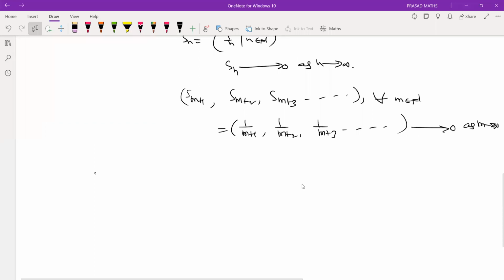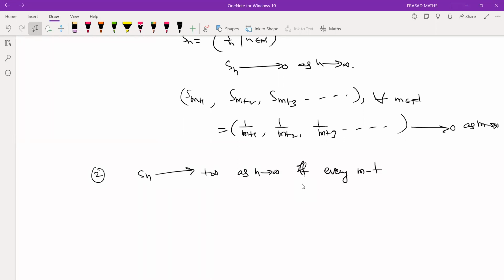Similarly, the second one: a sequence of real numbers which diverges to plus infinity as n tends to infinity, if and only if every m tail of Sn diverges to plus infinity. Suppose you take Sn equal to n square. Clearly we observe that Sn tends to plus infinity as n tends to infinity.